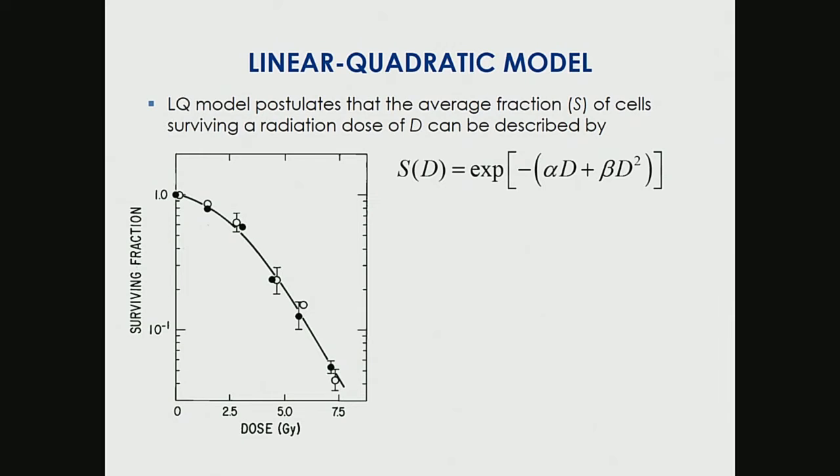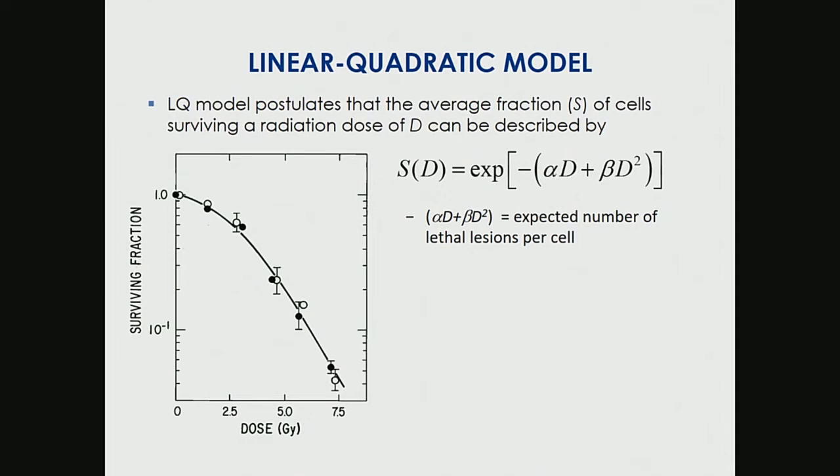In addition to being able to provide a good curve fitting, one can actually attribute a plausible mechanistic interpretation to the LQ model. This quantity showing here, in general, is considered as an expected number of lethal lesions produced per cell.